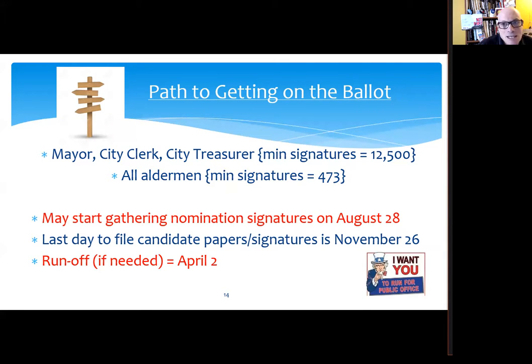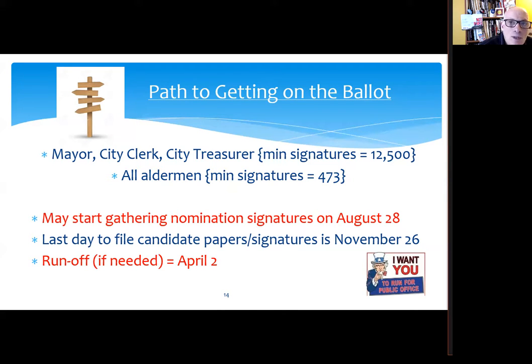There is a start date, which is printed in an official document. These dates are outdated because they're from an earlier election, but they're approximate. Basically, you cannot gather petitions until that start date. So if I'm gathering petitions for a race from July 28th, I may not present them.